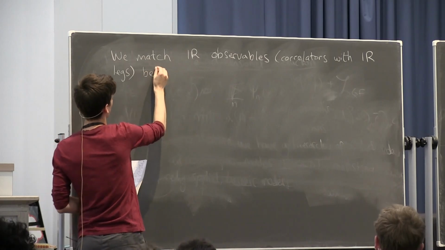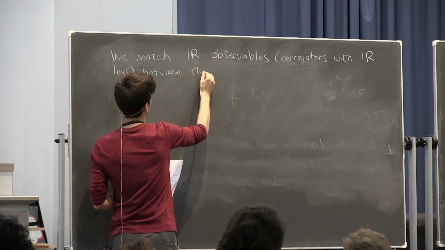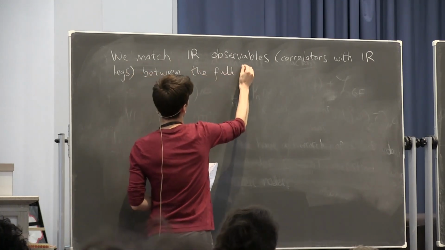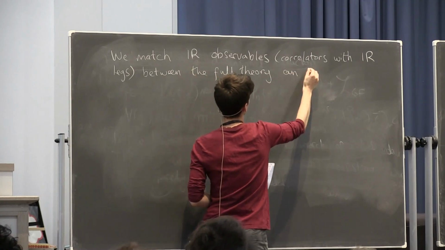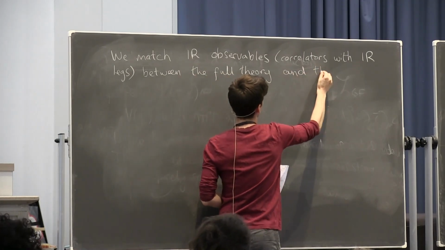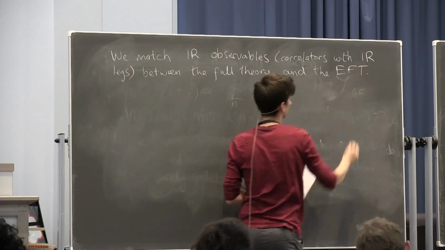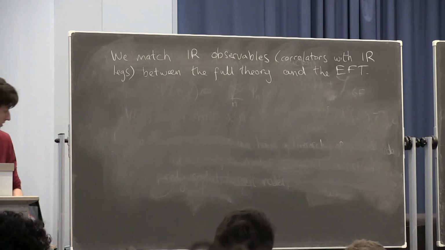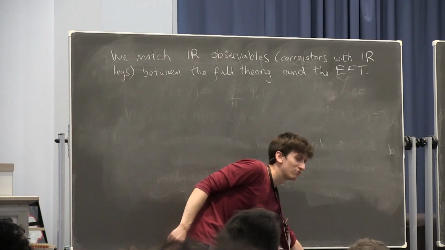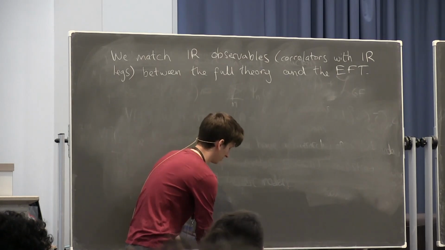And we match them between the full theory and the EFT. So pictorially, I'm going to need colors. Okay, infrared is red, and UV is, let's do yellow, why not?